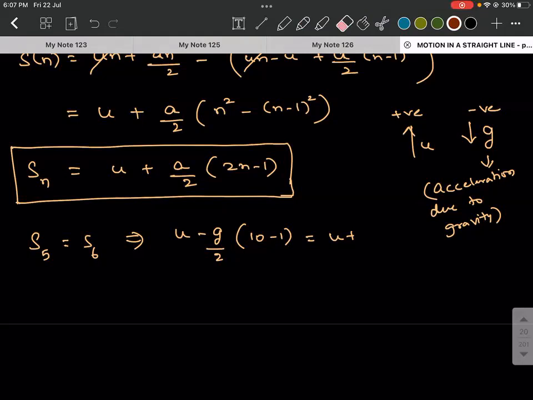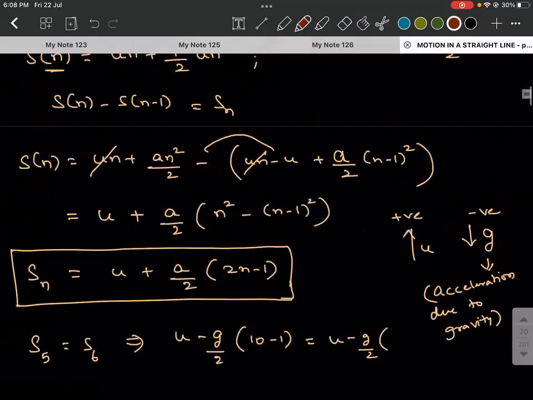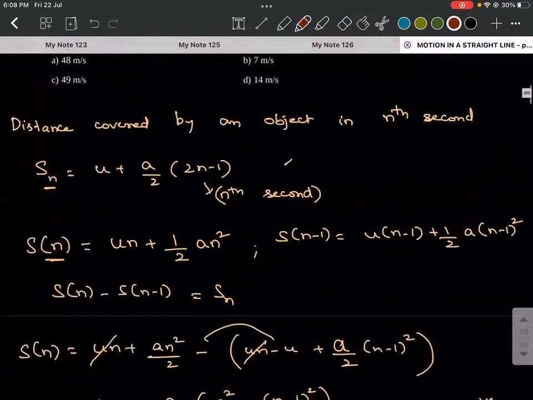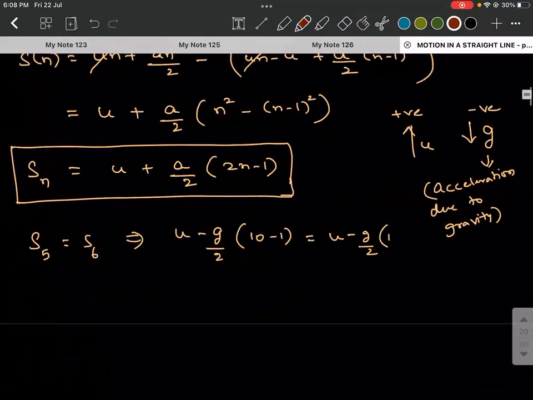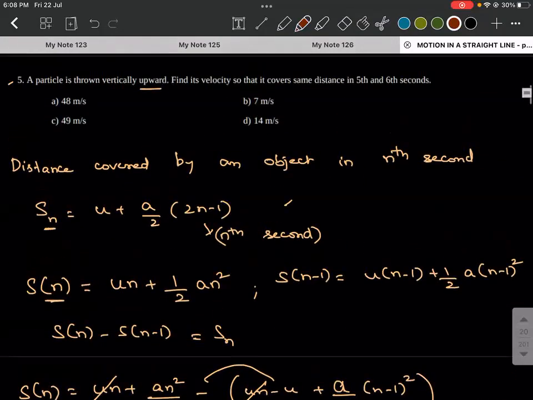So, the second it is going to cover u minus g by 2 into 10 minus 1 plus u minus g by 2 into... doesn't make sense. Which velocity are they asking? Find its velocity. The particle is thrown vertically upward. Okay, accepted. Find its velocity so that it covers the same distance.